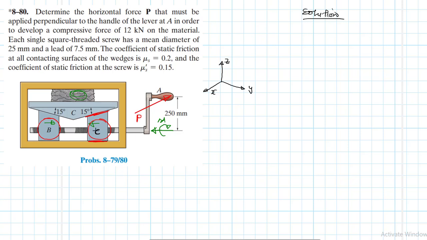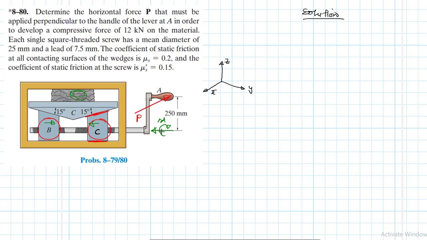And for us to counter this friction, we need a certain amount of force that will create a moment about the centroid of this threaded board, so that we expect these particular wedges to move in the direction that we want them to move. When these wedges are moving, we are overcoming friction due to this moment that is being produced by this particular force.